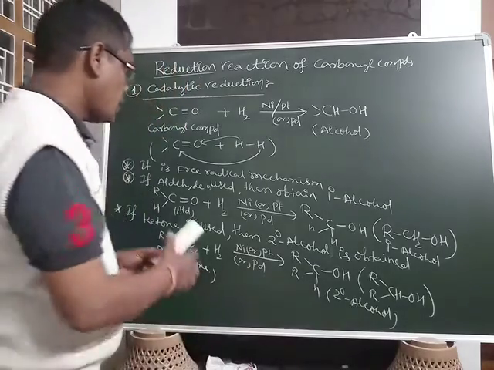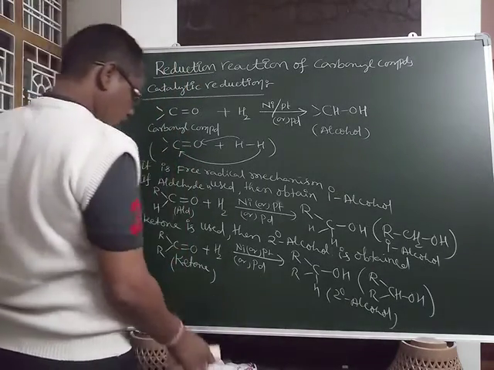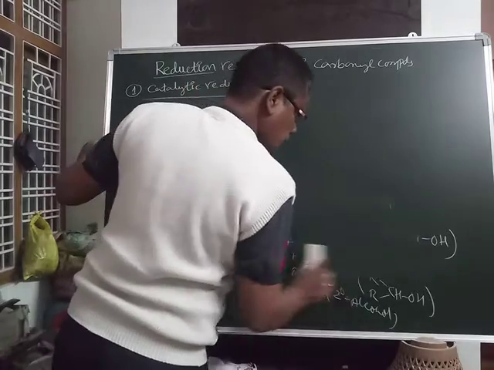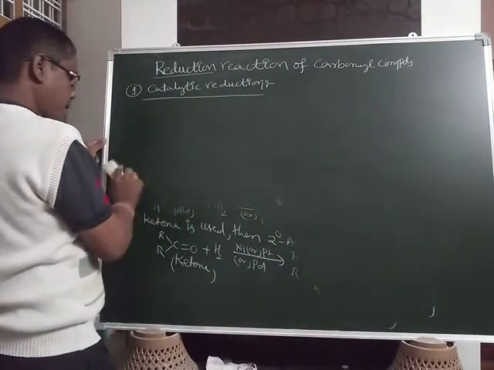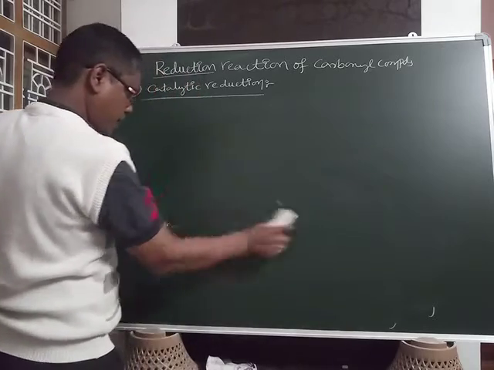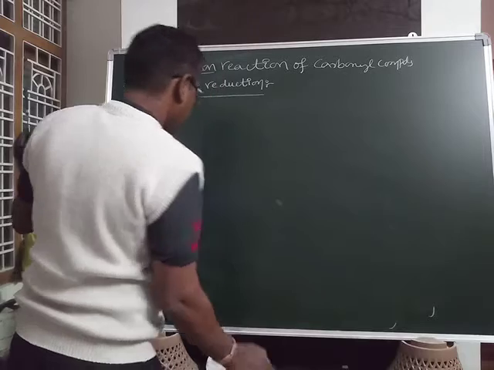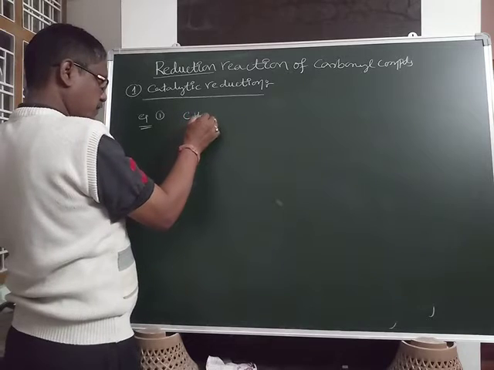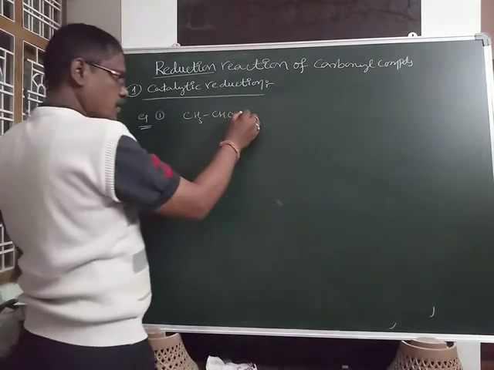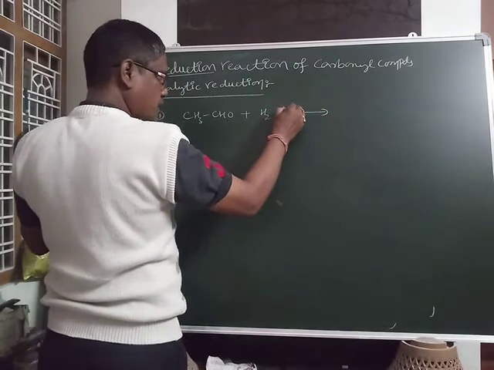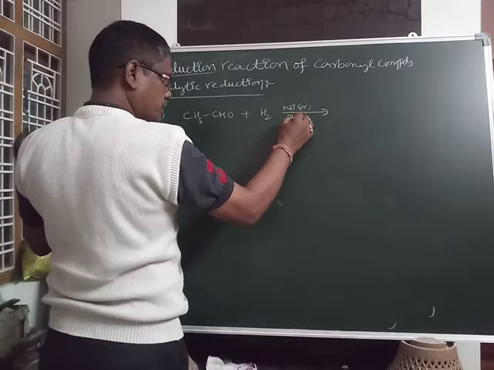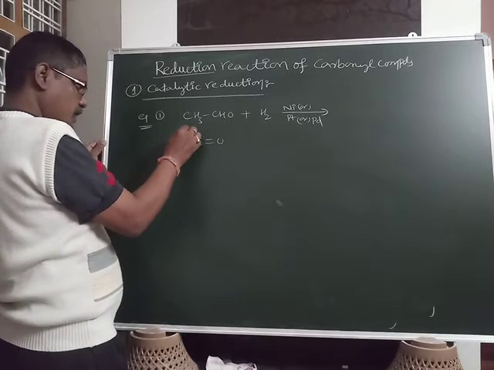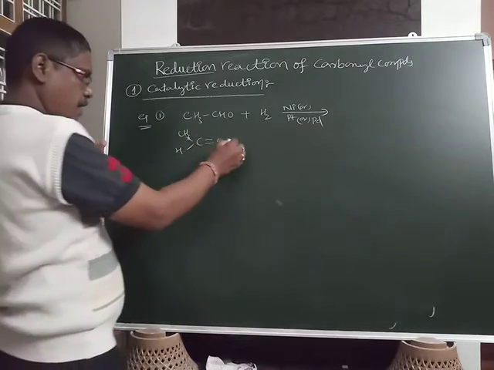For example, example 1, I am taking acetaldehyde, CH3CHO plus hydrogen in the presence of nickel or platinum or palladium. This is CH3 and H, hydrogen.